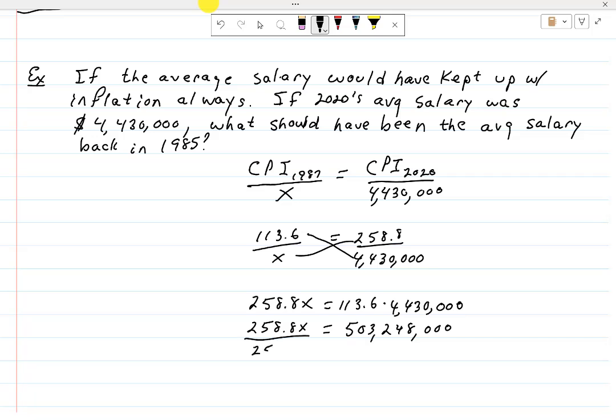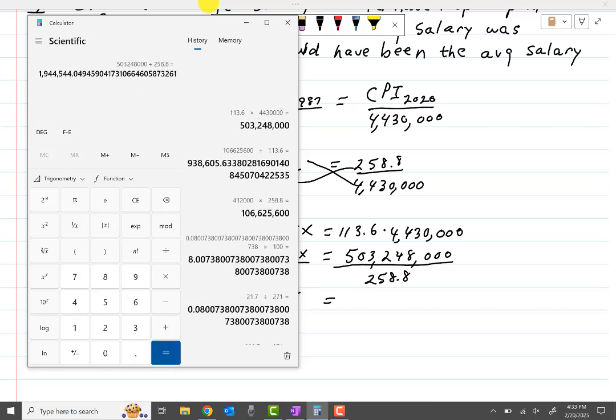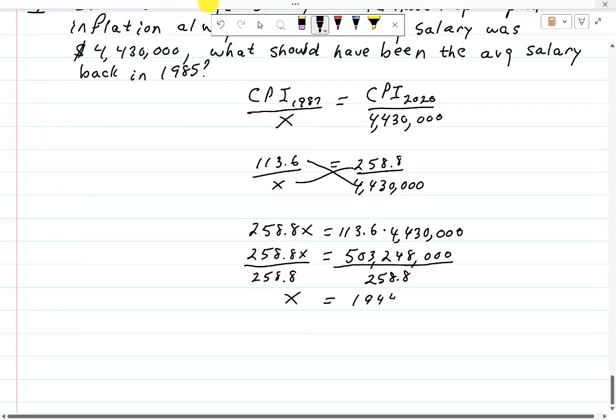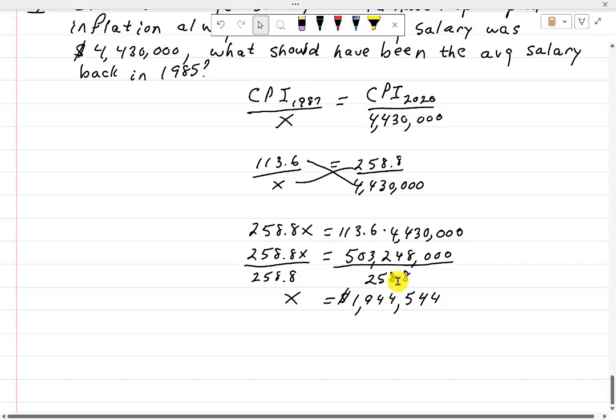I'll divide by the 258.8. All I need to do is divide that by 258.8, and I get roughly 1,944,544. So if they were to have kept up with inflation, then they should have been paying those players back in 1987 an average of $1.9 million a year.